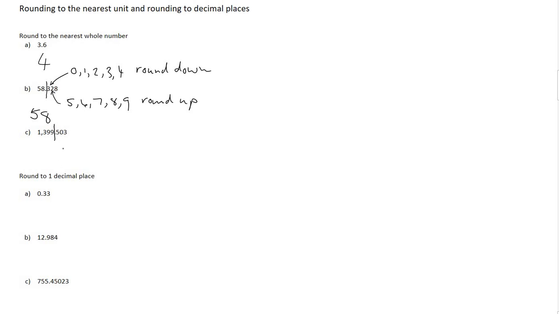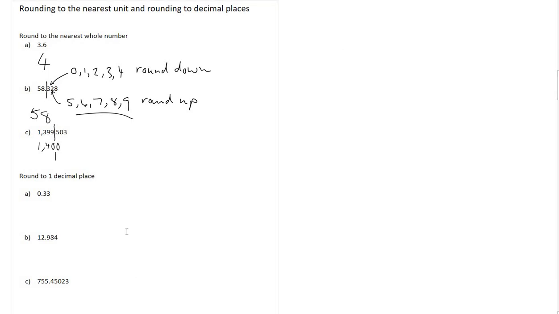So it's only really the tenths column that counts towards whether it rounds or not, okay? So I'm looking here and it's a 5, that's one of our bigger numbers, so I'm going to round up. So from 1,399 up to 1,400, just adding on 1 unit really to that whole number part there, okay?